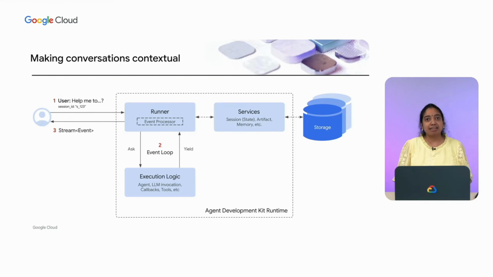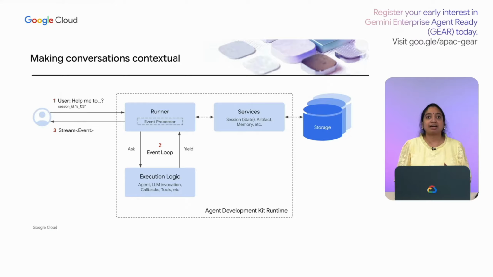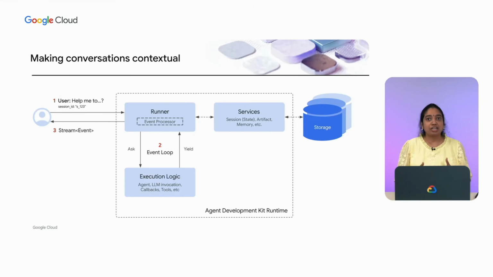The runner receives that event, processes any associated actions like saving state, and forwards the event onwards, for example, to the user interface. Only after the runner has processed the event does the agentic logic resume from where it paused, now potentially seeing the effects of the changes committed by the runner.